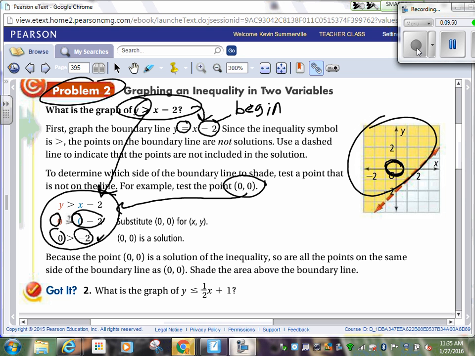In other words, is 0 bigger than negative 2? If you say yes, then you are shading in the yes side, the yellow. If you said no, then I'd be shading in that side. So if 0, 0 works, you shade that side. If 0, 0 doesn't work, you shade the other side.